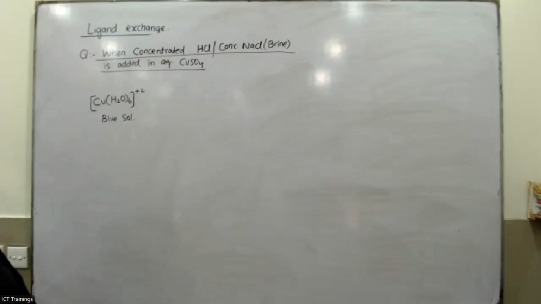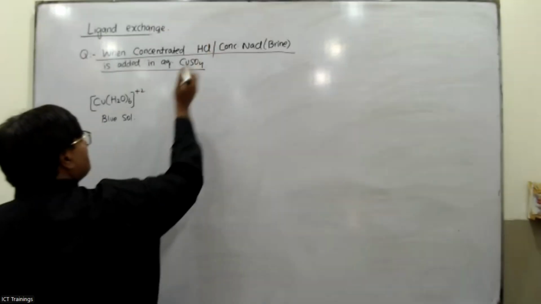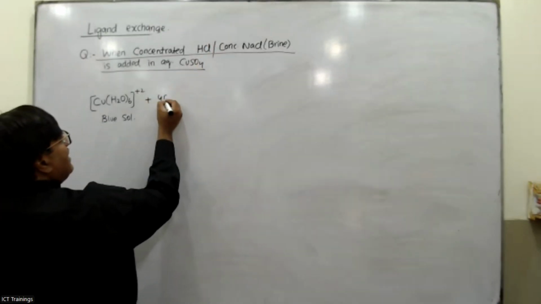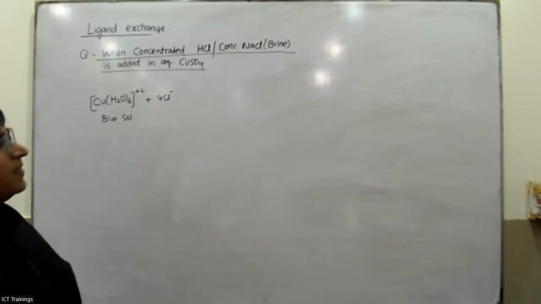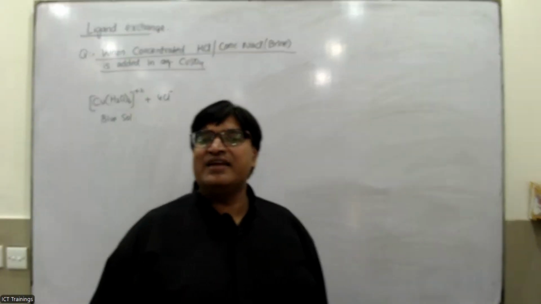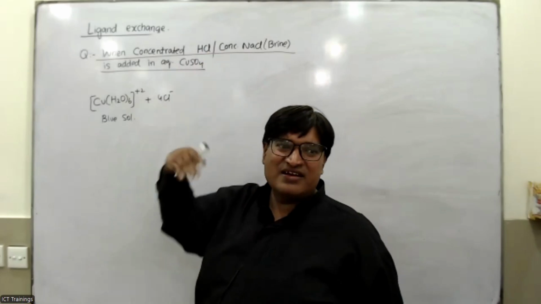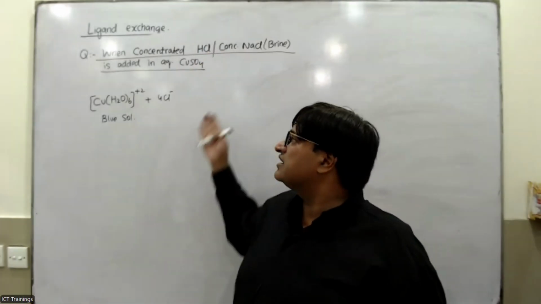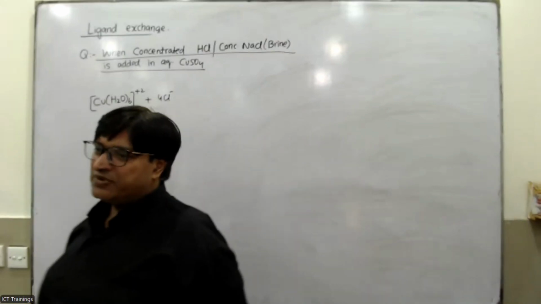Okay. So when you add the concentrated hydrochloric acid or the brine solution inside it, what would happen? Both of these produce chloride ions. Chloride ions also act as a ligand when their concentration increases, because these are concentrated solutions, where the concentration of the chloride ion is greater. So what would happen, guys?